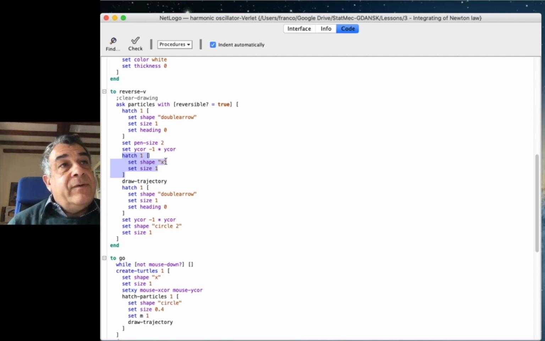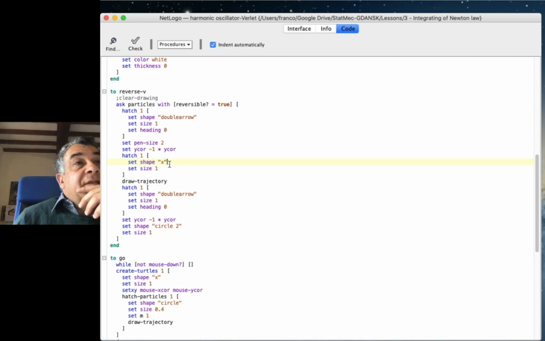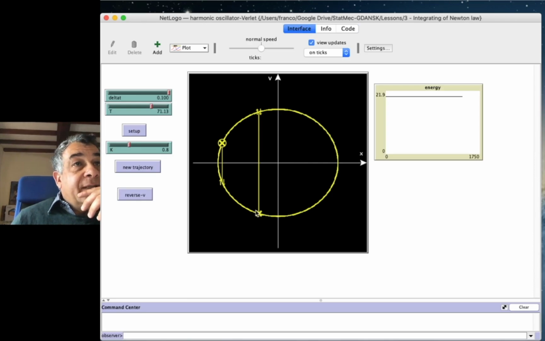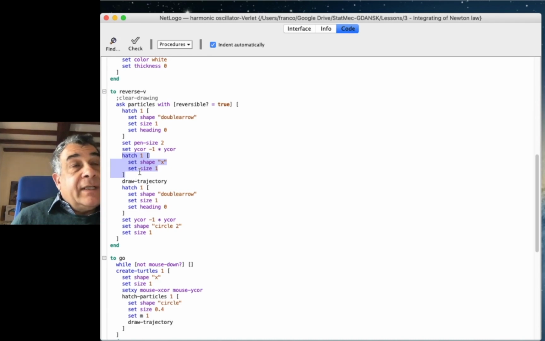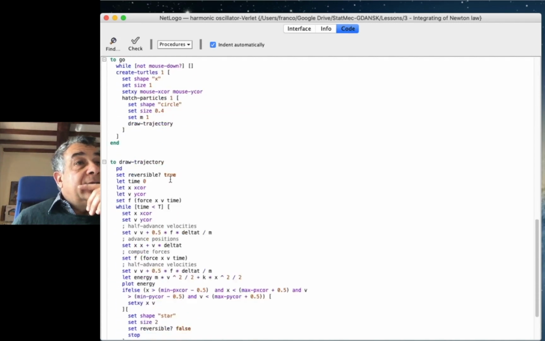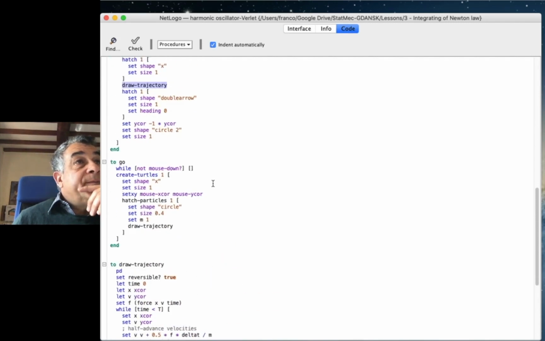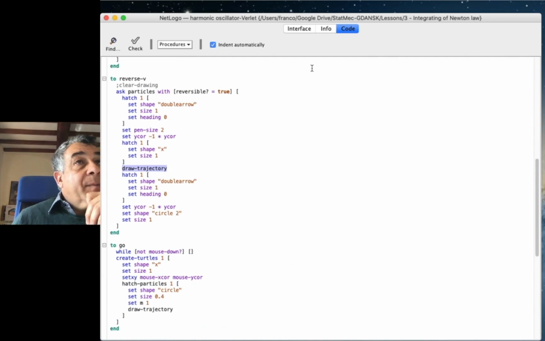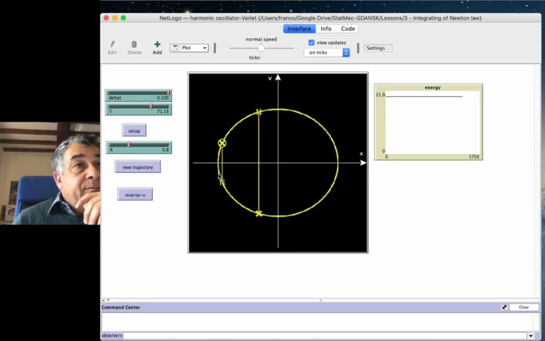I could have also used another way of labeling, but okay, this is an easy way. So I mark again the new point with an X, which is another turtle that does not move. Then I again draw the trajectory as before, and I mark again the new point with an inversion of velocity.